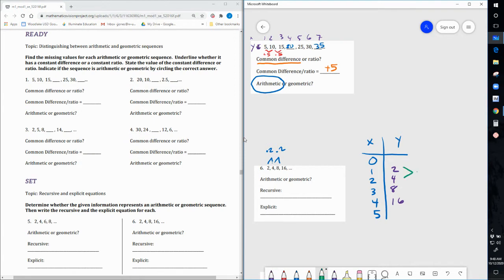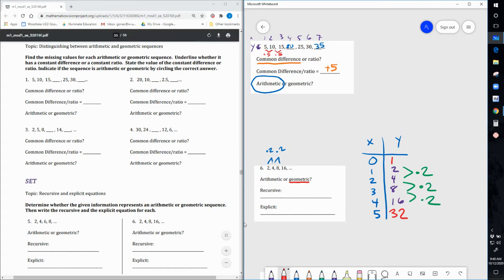And we know we are multiplying by 2 every single time. And so that's good information. To go backwards and get the 0th term, you have to do the opposite of multiplying by 2, which is dividing by 2. And 2 divided by 2 is 1. And so that's 1. If I want to get my last term, I just multiply by 2, and so there's a table from 0 to 5. So with all that being said, hopefully you realize this is geometric. You know that because you're multiplying by 2.